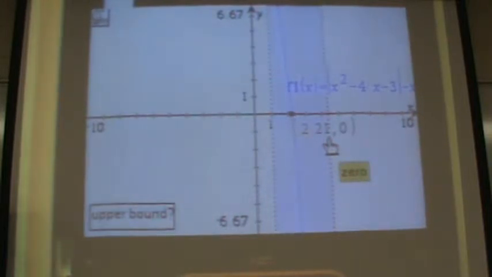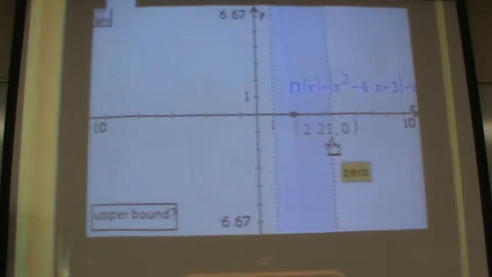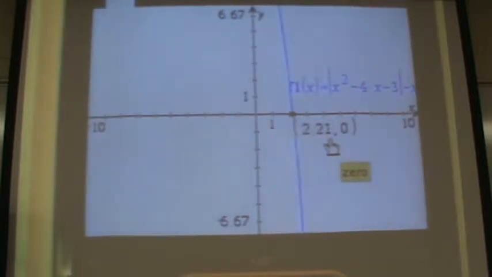And look what it did. On my calculator, it shaded that region. And what do you think that 2.1 comma 0 is? That's the intersection. And now if you hit enter again, there it is. There's your 0. 2.21 comma 0.